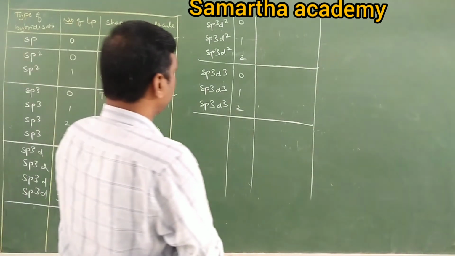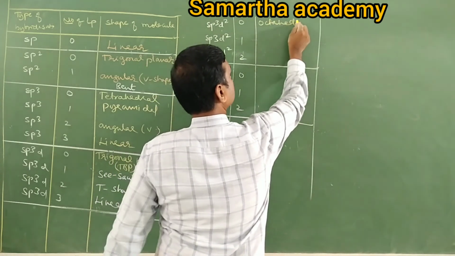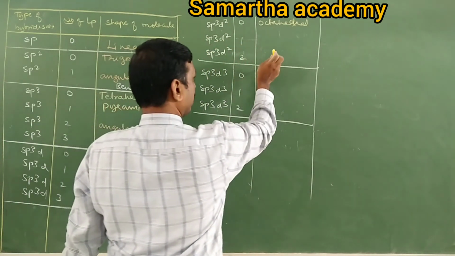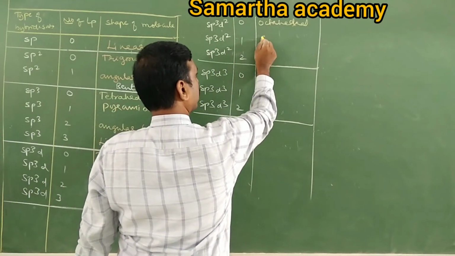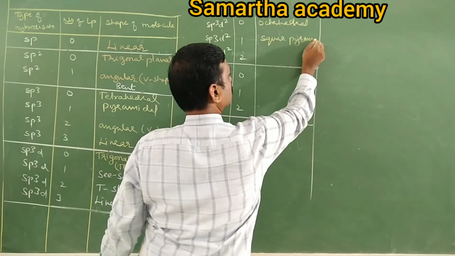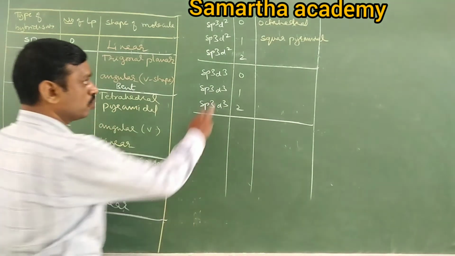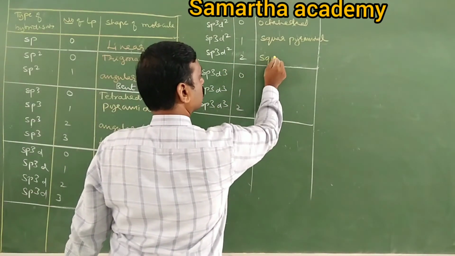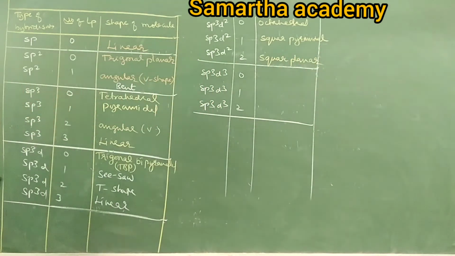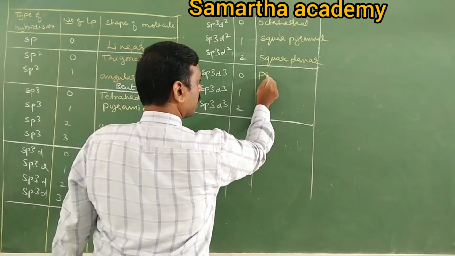Next, sp3d2 with 0 lone pair, octahedral. sp3d2 with 1 lone pair, square pyramidal. sp3d2 with 2 lone pairs, square planar. sp3d3 with 0 lone pair, pentagonal bipyramidal.